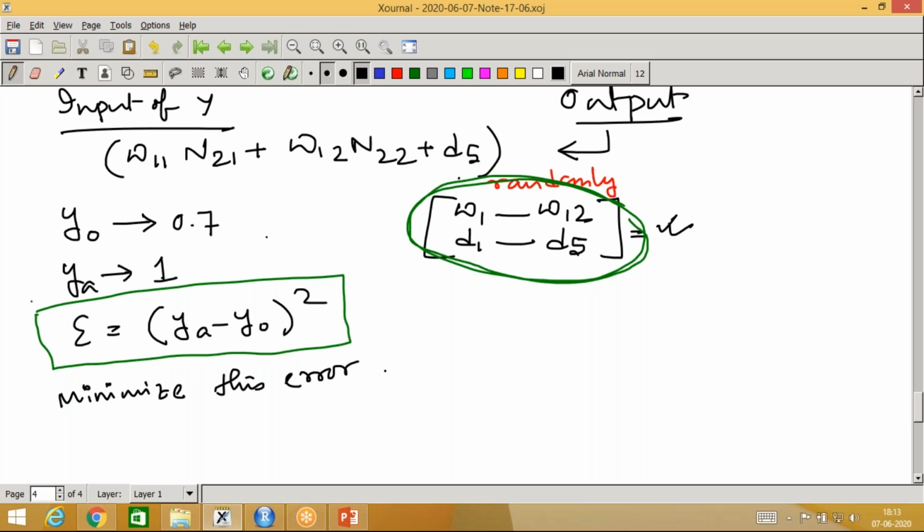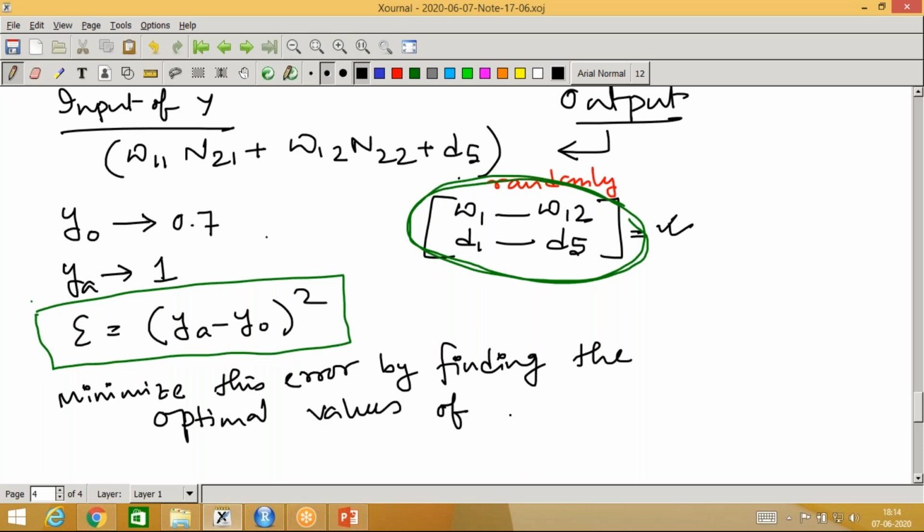So minimize this error by finding the optimal values of W1 to W12 and D1 to D5.